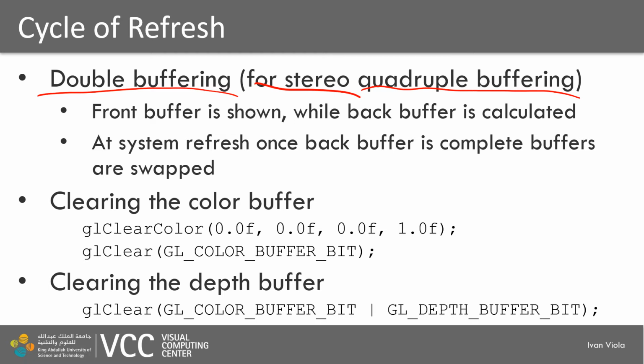When we are performing the rendering, one operation that is often done is to clear the buffers so that we have a black buffer, in this case, to draw into, to blend with, for example, if the blending is on. This is not 100% necessary, but it is good practice to clear the buffer before the rendering is done. In that way, we know that we are starting from a certain background color.